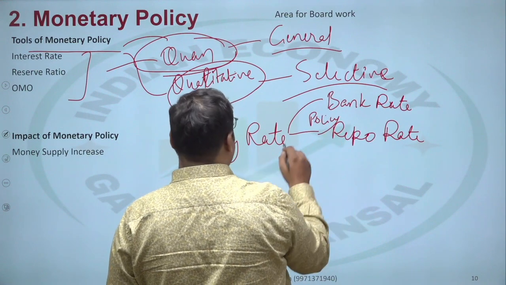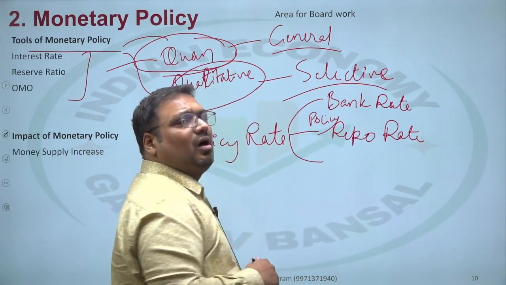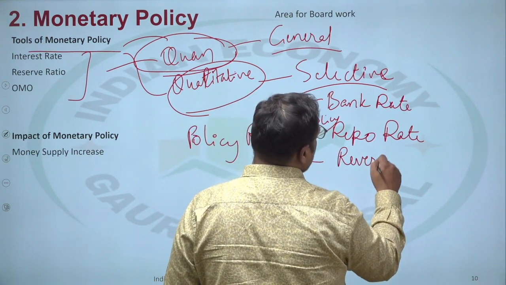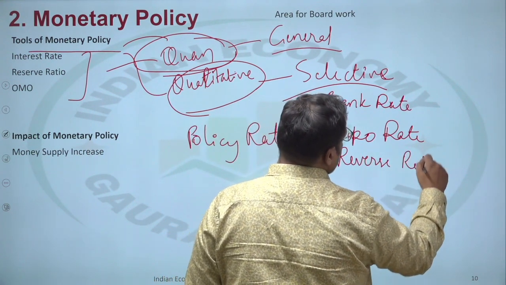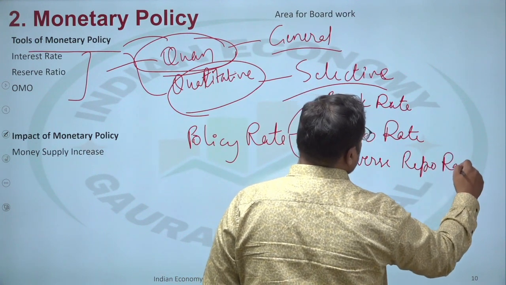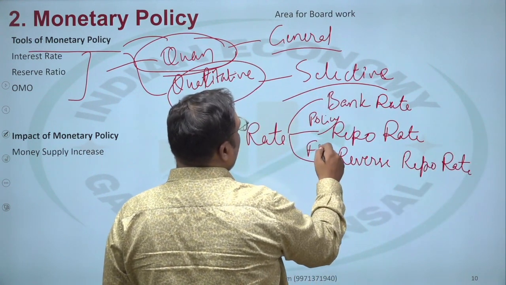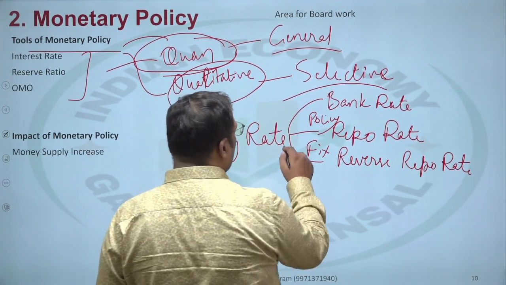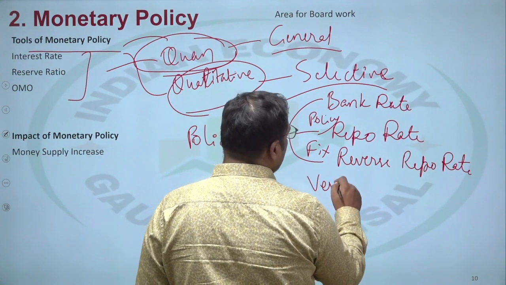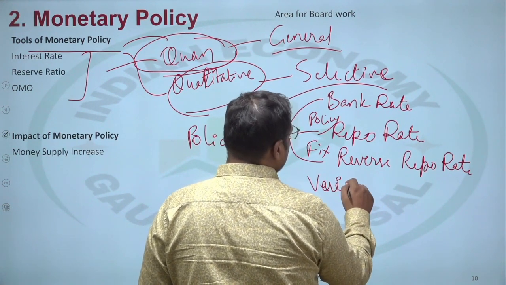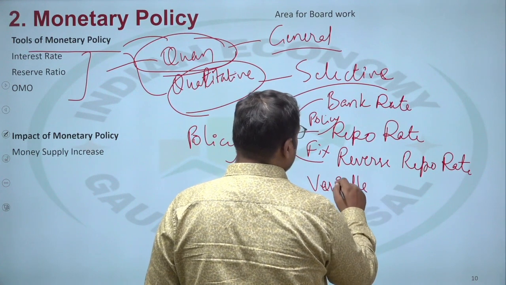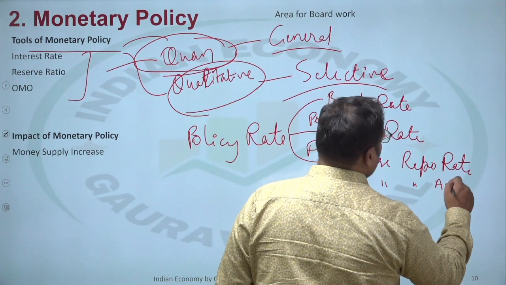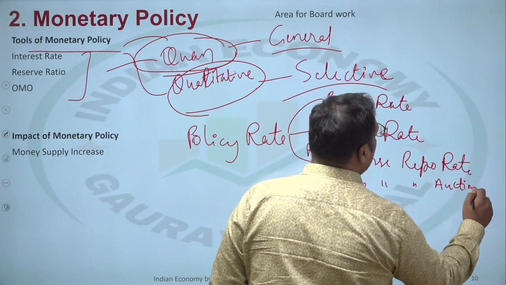Then after this we have the reverse repo rate. We even call it the fixed reverse repo rate now. And then we also have something called variable repo and reverse repo options. This is also something that we have today.